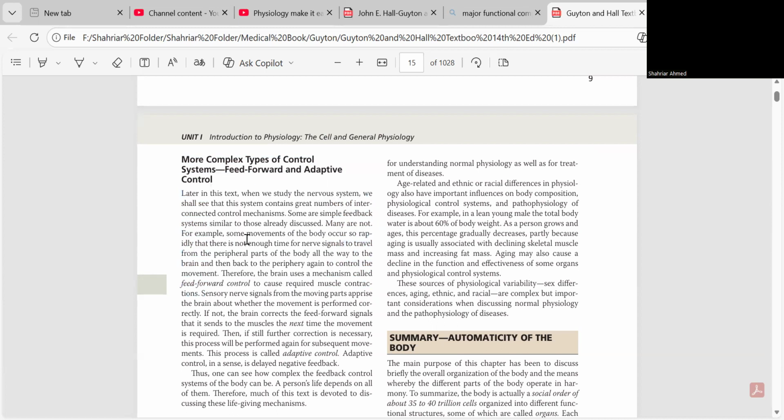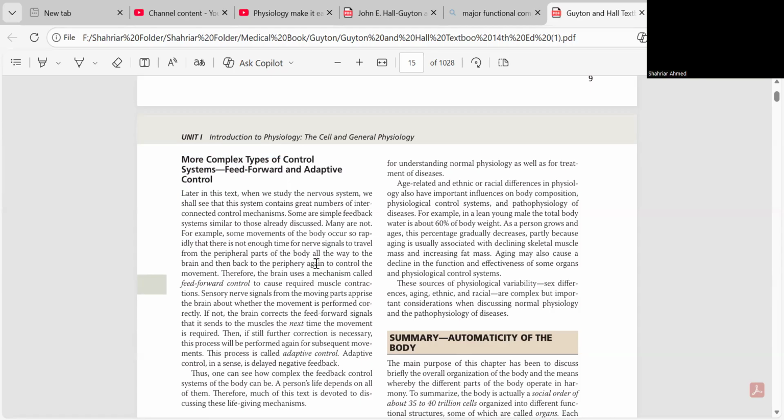That is, some movements of the body occur so rapidly, like dancing. During dancing, the hands and legs are moved so rapidly that the normal system does not coincide with the rapidity.